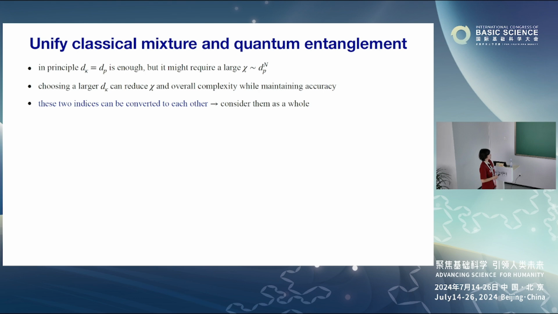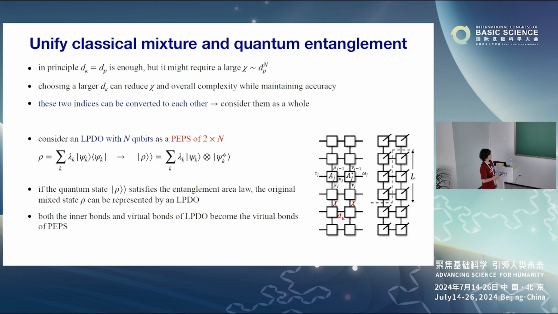In principle, this big kappa equal to dp is enough, where dp is the total physical bond dimension. But actually, it may require another virtual bond dimension. If you put a larger one, the bond dimension of the worker units, we can also reduce the overall complexity while maintaining accuracy.